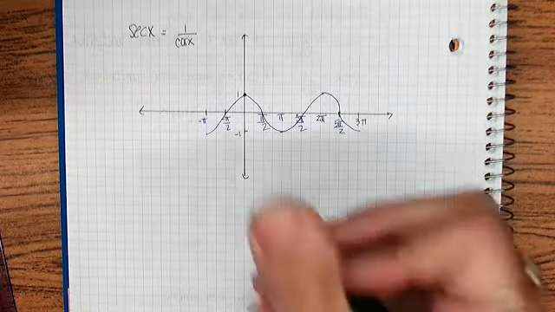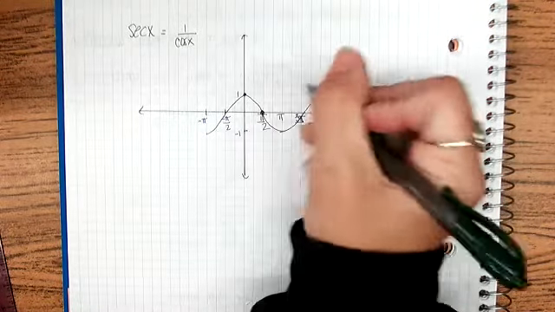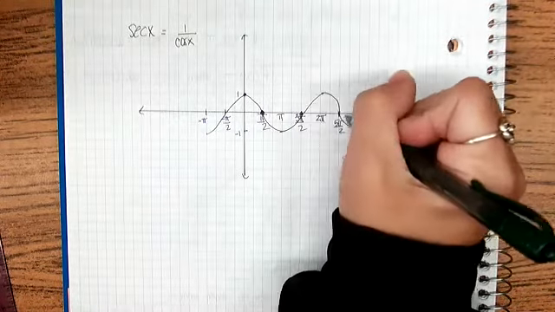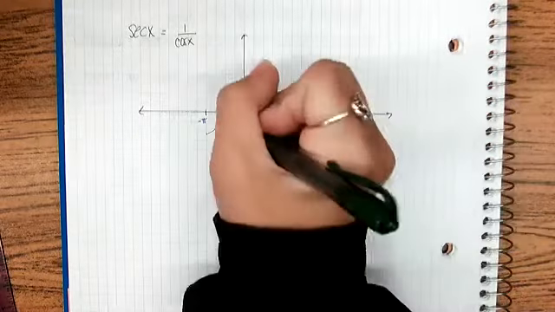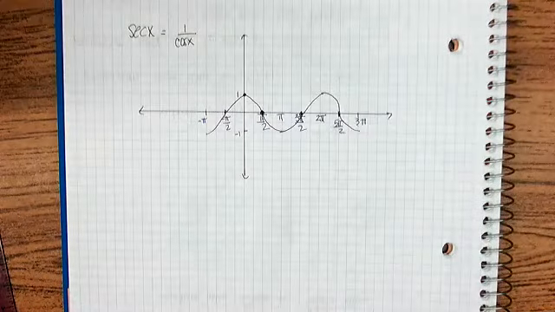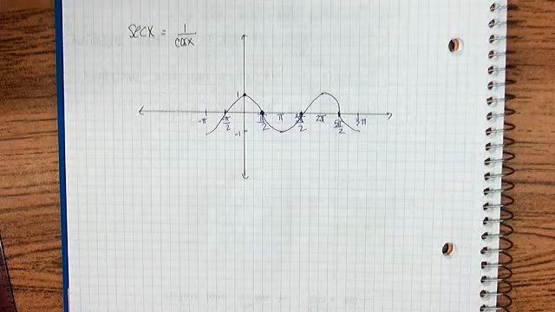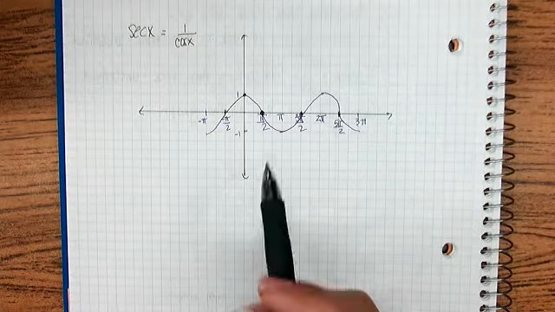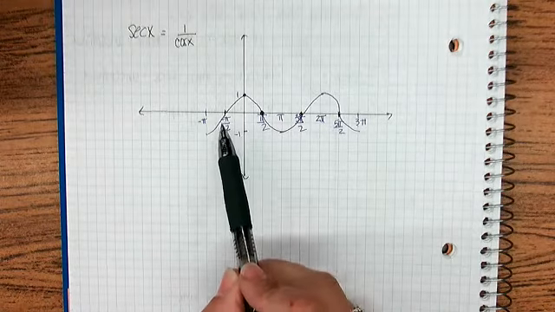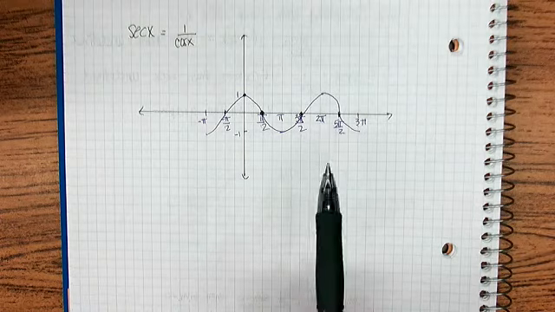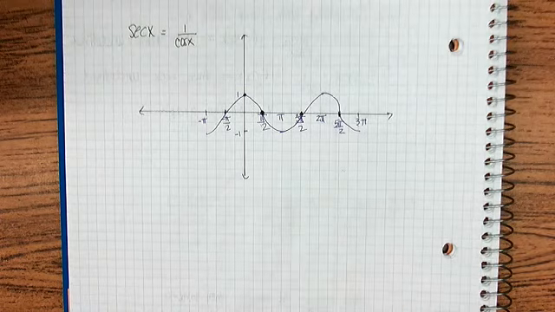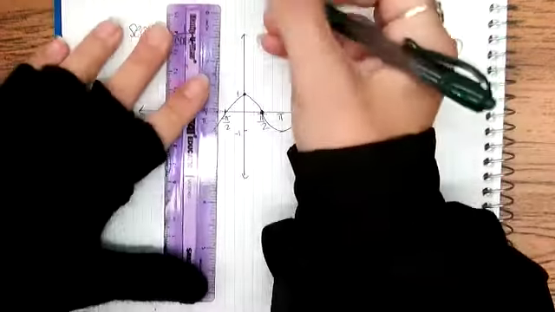So where is the cosine 0? The cosine is 0 at pi over 2, 3 pi over 2, 5 pi over 2, negative pi over 2, etc. So because the cosine is 0 at negative pi over 2, positive pi over 2, and so on, the secant is undefined, which means you have asymptotes.